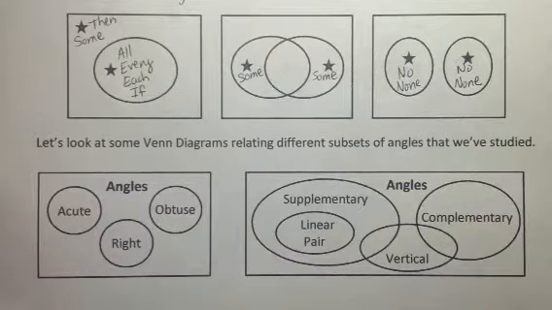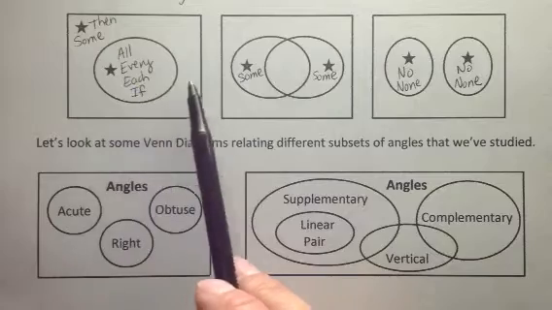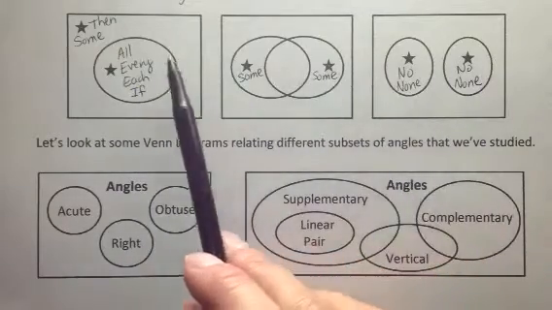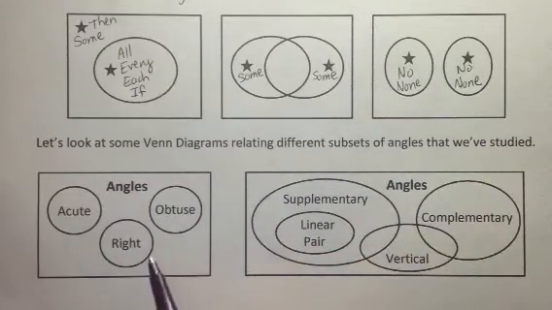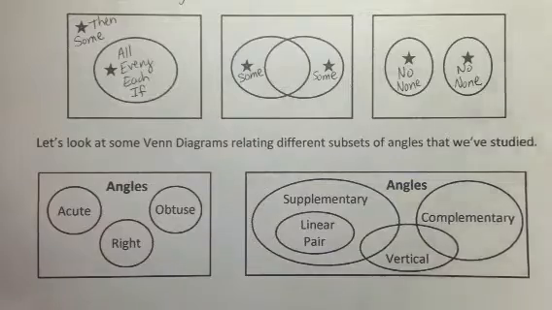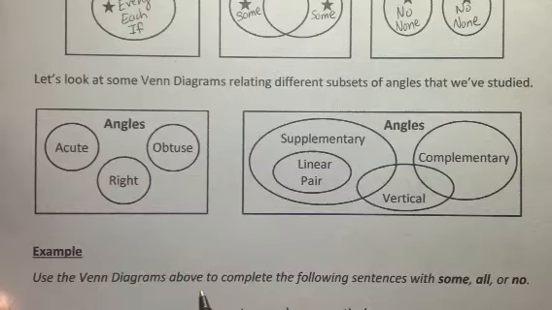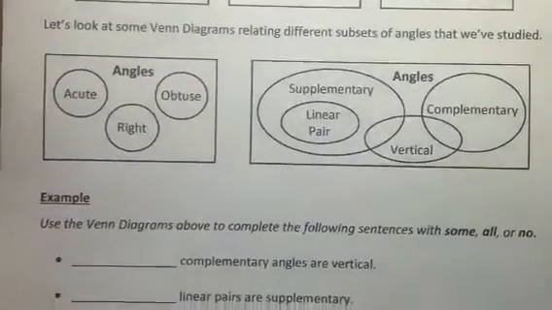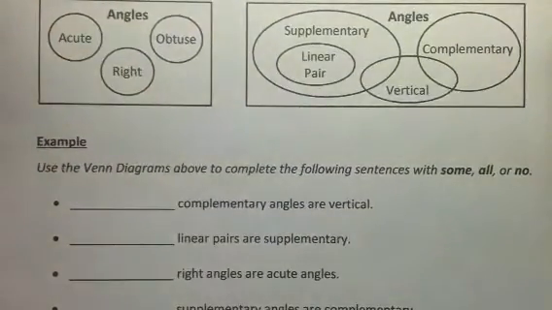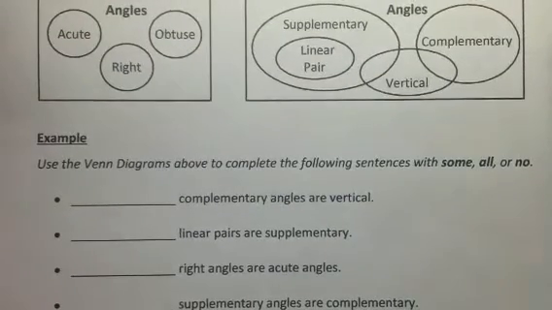I want us to just be thinking about what it means when we're looking at Venn diagrams. The directions tell us to use the Venn diagrams above to complete the following sentences with some, all, or no. Let me move this up just a little bit.